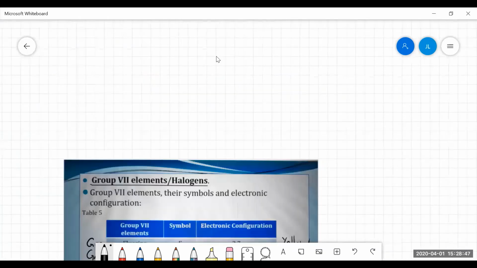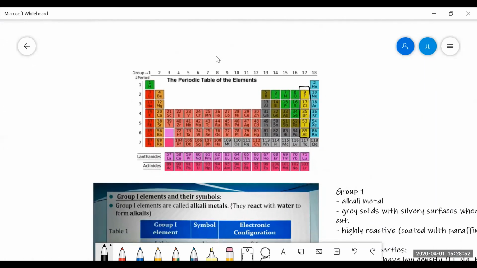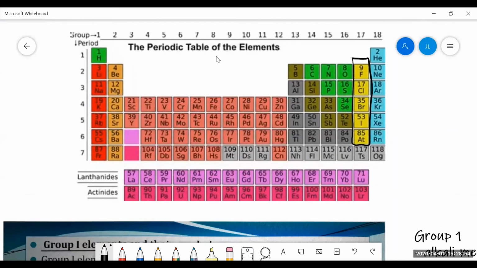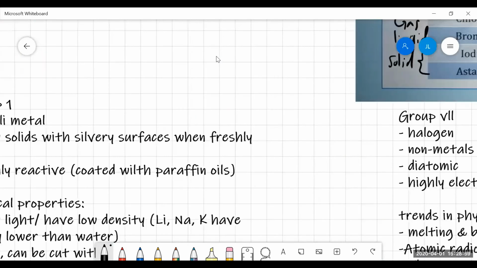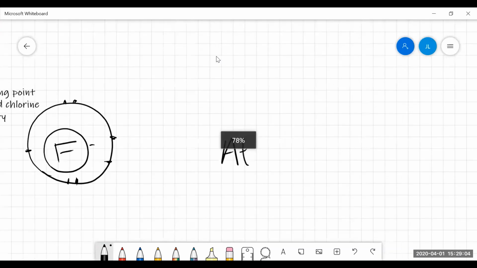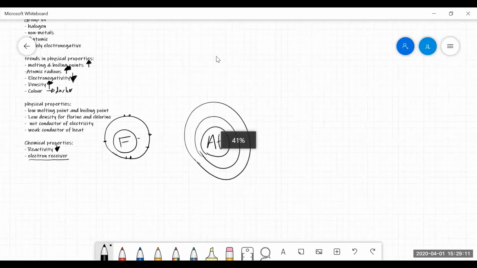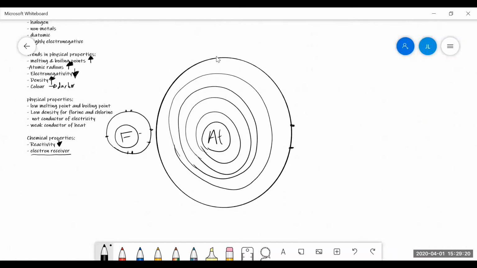It belongs to which period? AT, period 6, right? That means it has 6 electron shells. 1, 2, 3, 4, 5, 6. So the valence electron is always 7.